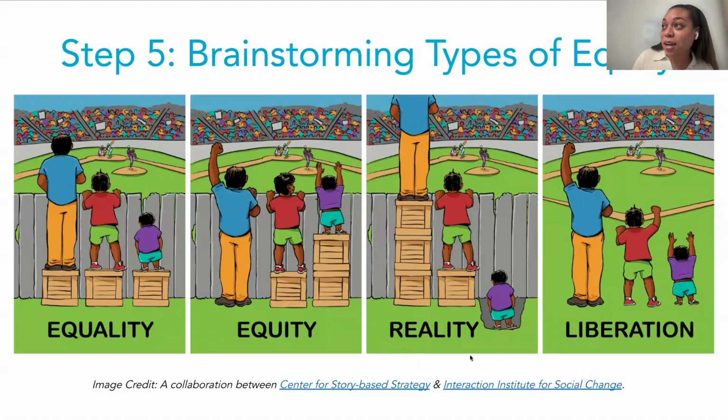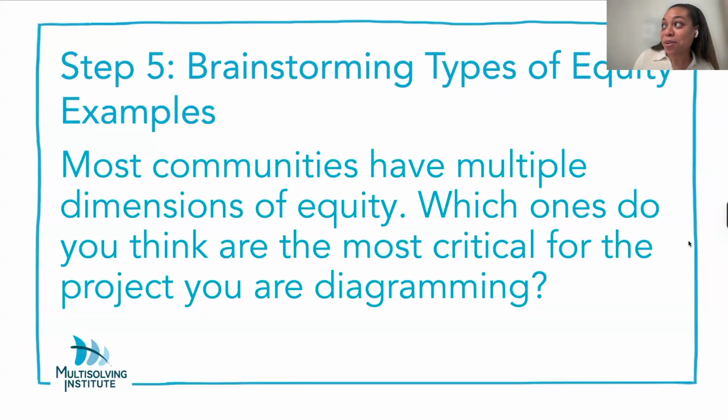So, going back to the worksheet, we are now going to brainstorm through different types of equity. Most communities, you'll find on your worksheet, have multiple dimensions of equity. Which ones do you think are the most critical for the project that you are diagramming?